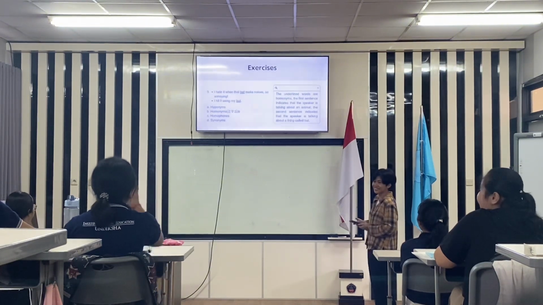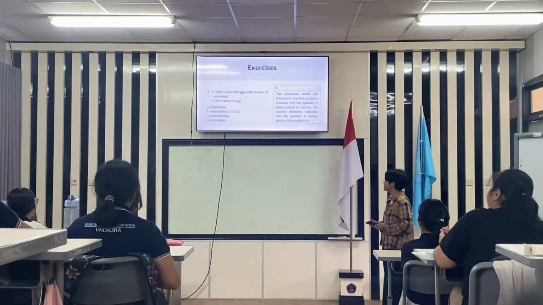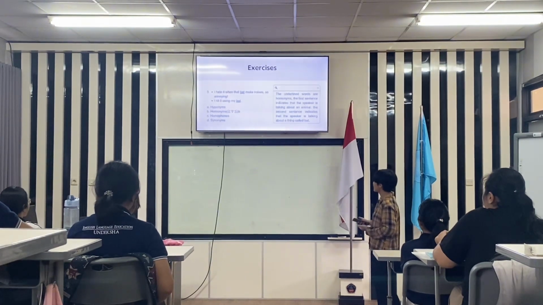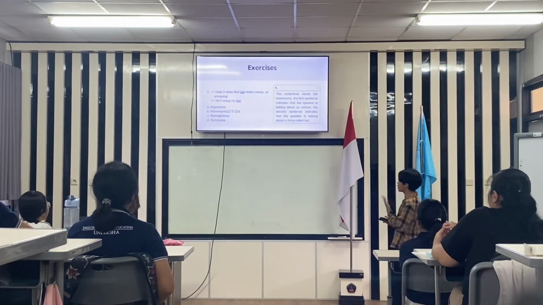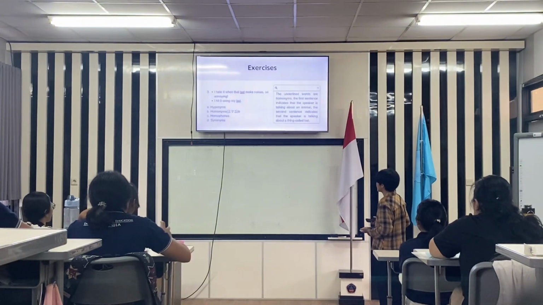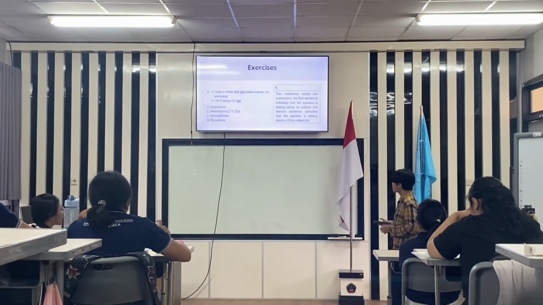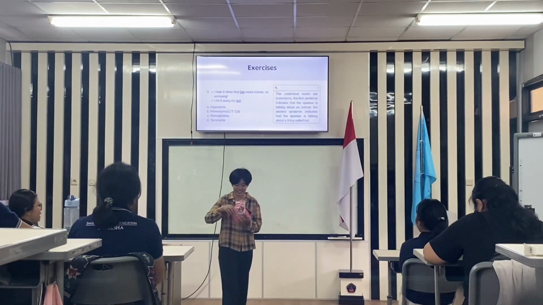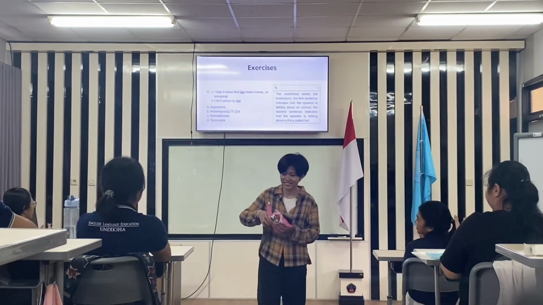I focus on the words that are used. Alright, sorry. The underlined words are homonyms. The first sentence indicates that the speaker is talking about an animal, and the second one is talking about the thing called that.